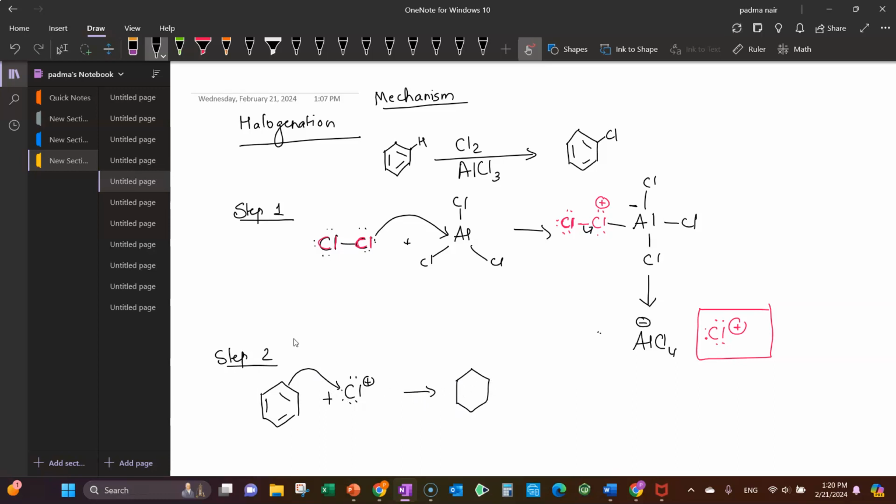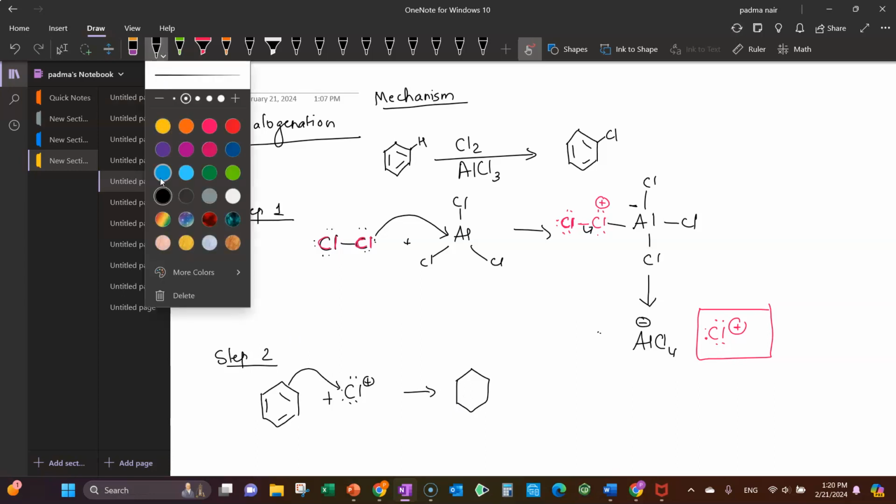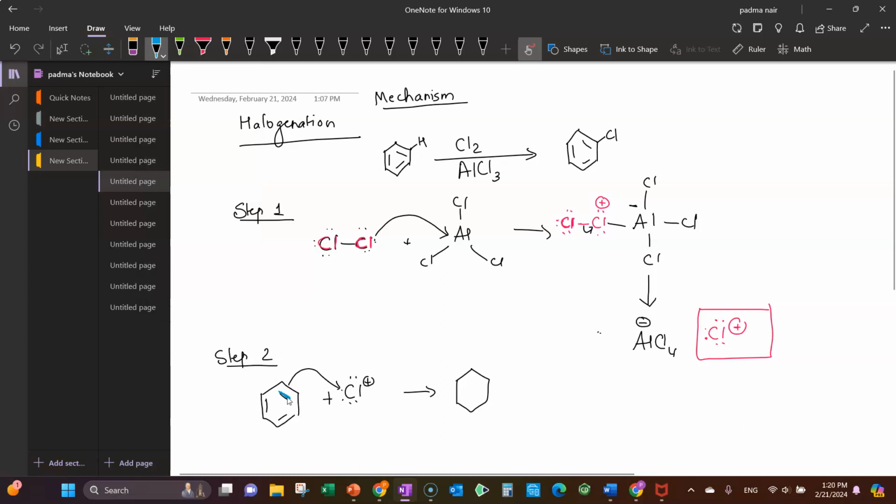Here again we call it a sigma complex, and here again I'm going to use a different color to show that one of these bonds, let's keep these pi bonds as blue color, okay, that one of these pi bonds opens up to form a bond with chlorine.